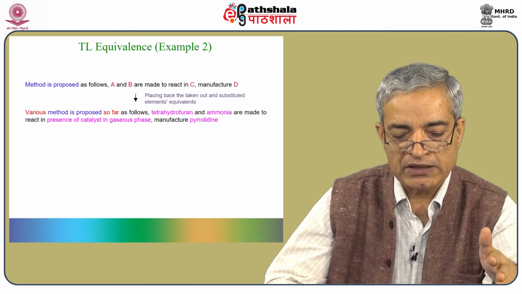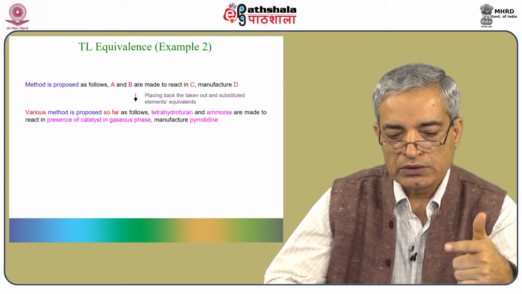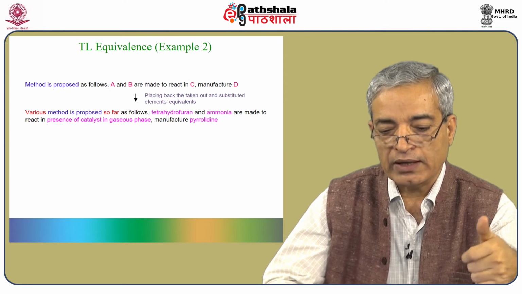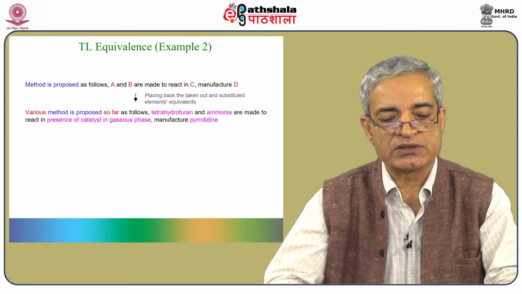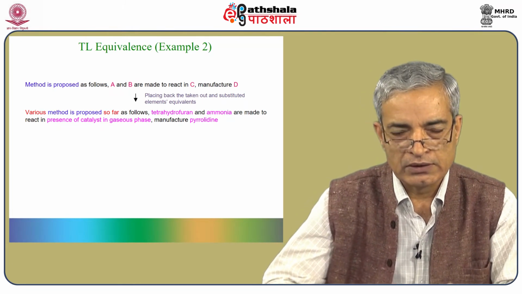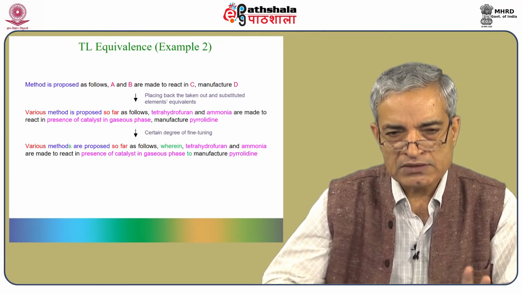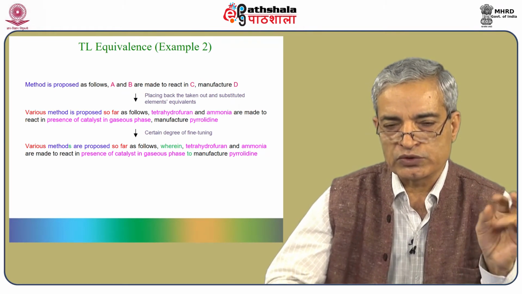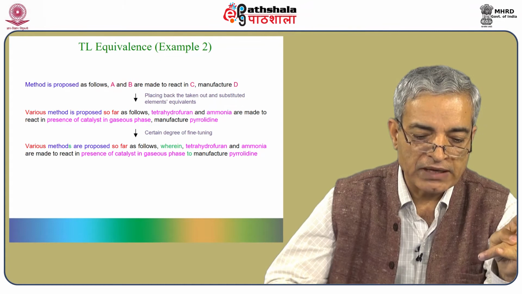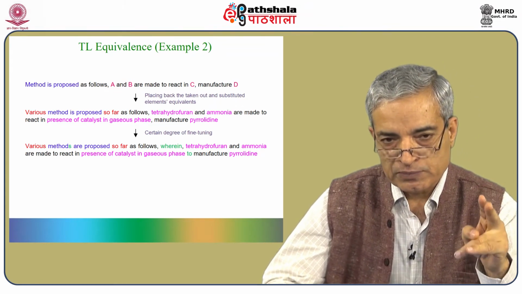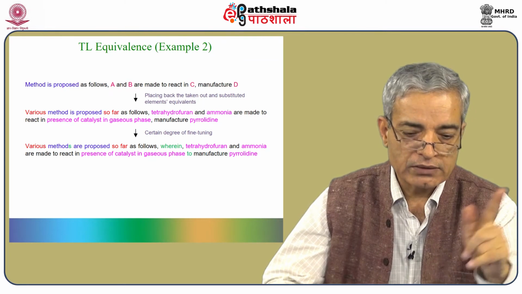Various methods are proposed so far as follows: tetrahydrofuran and ammonia are made to react in presence of catalyst in gaseous phase, manufacture pyrrolidine. It does make sense, but some issues are there in the flow, so we need to do some fine tuning. Various methods, S gets added because it's plural, so you have R here in place of is.